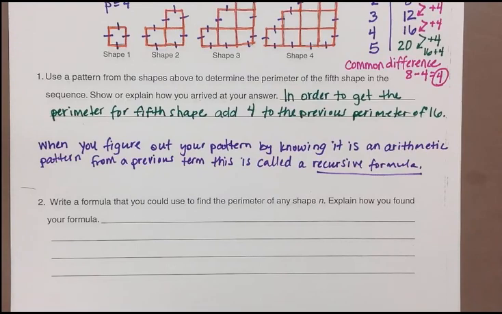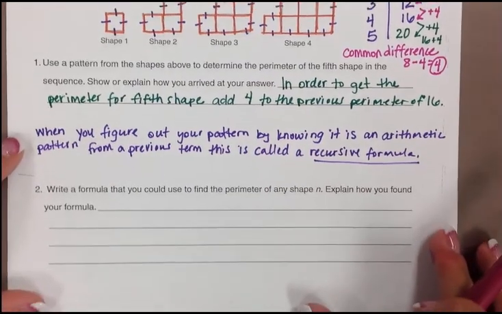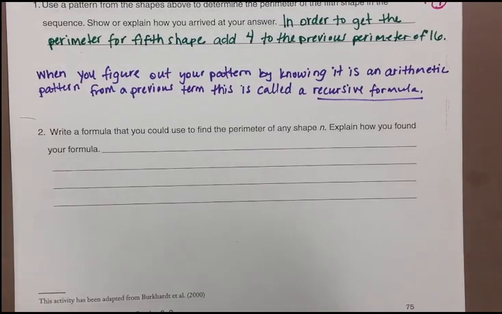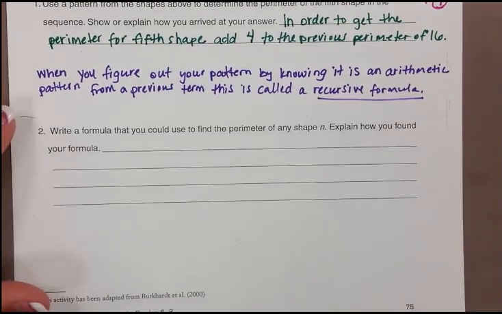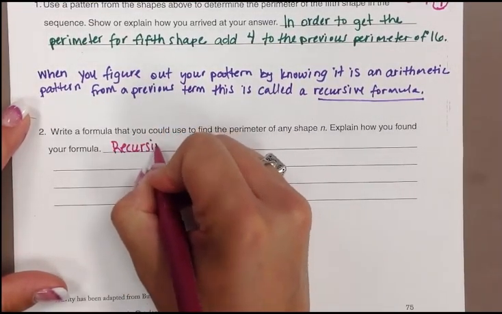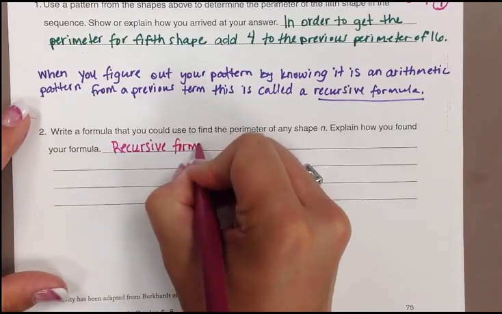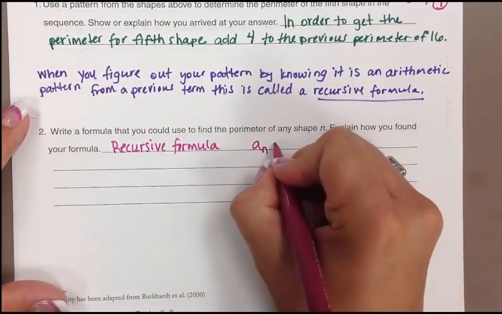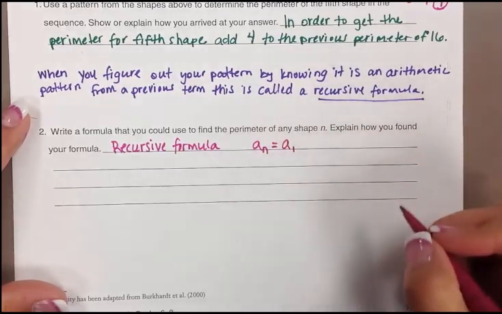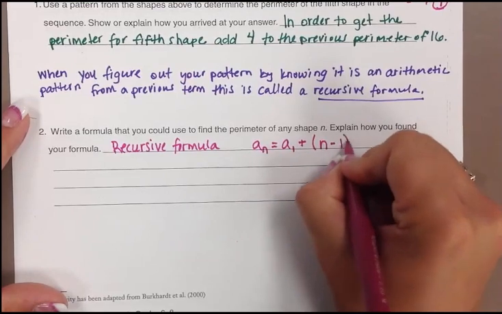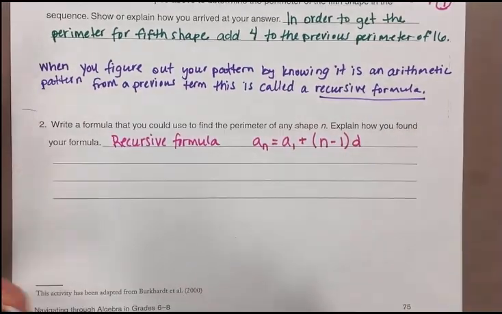So for part 2, it asks us to write a formula that you could use to find the perimeter of any shape n and explain how we find our formula. So a recursive formula will be written in the form a sub n is equal to a sub 1 plus, in parentheses, n minus 1 times d.